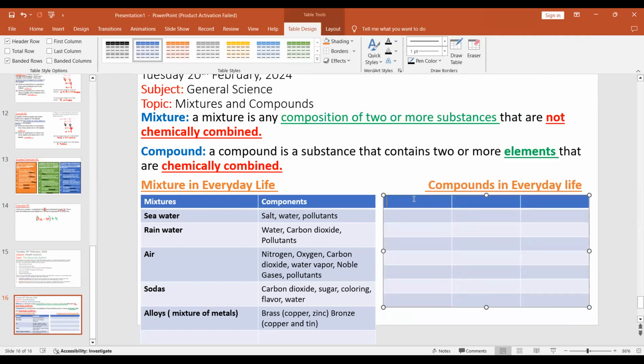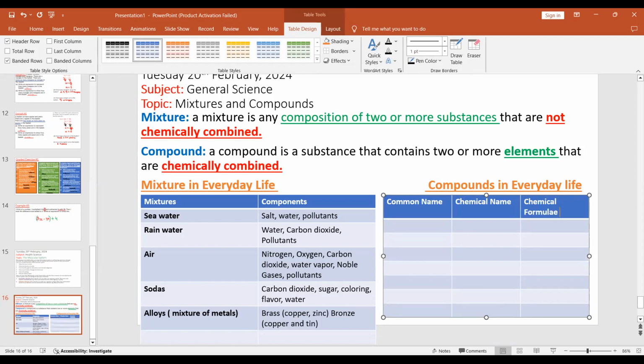Okay, so we're gonna have the common name, then the chemical name, then the chemical formula. The common name for one compound is table salt.